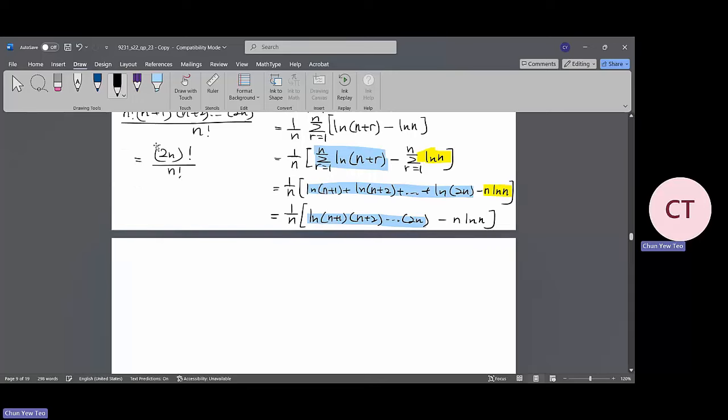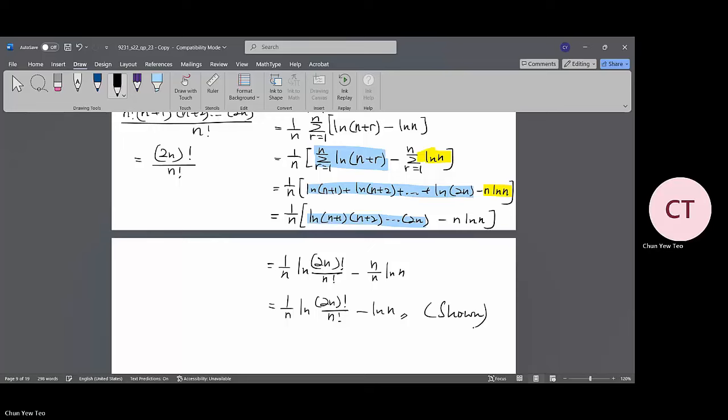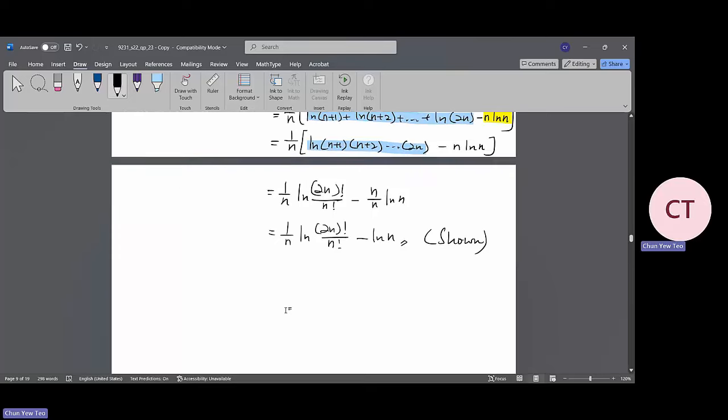We just need to apply this trick, then we get (2n)! divided by n! minus n ln n. I expand the 1/n inside, and then I get 1/n ln((2n)!/n!) minus ln n. Shown. That is your U_n.